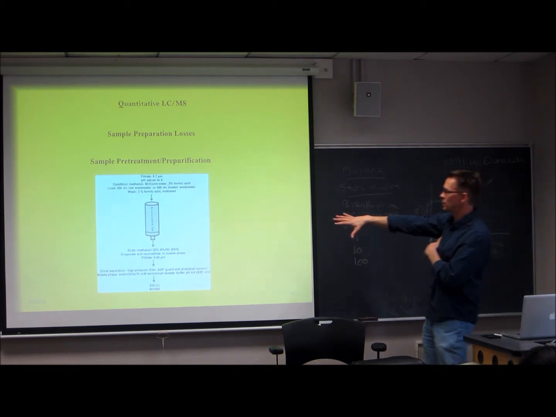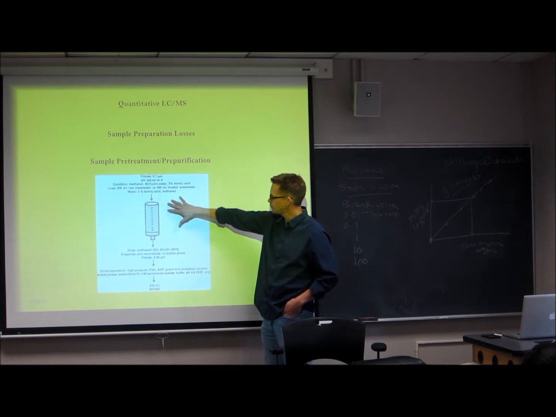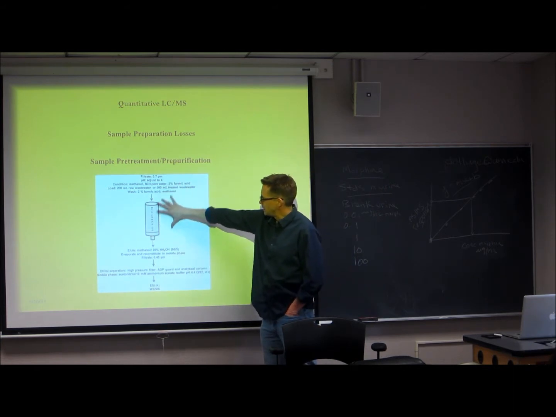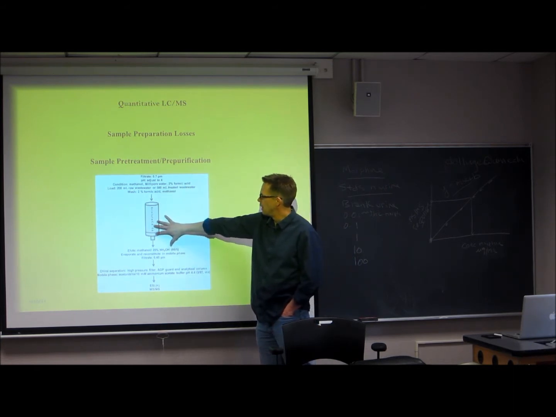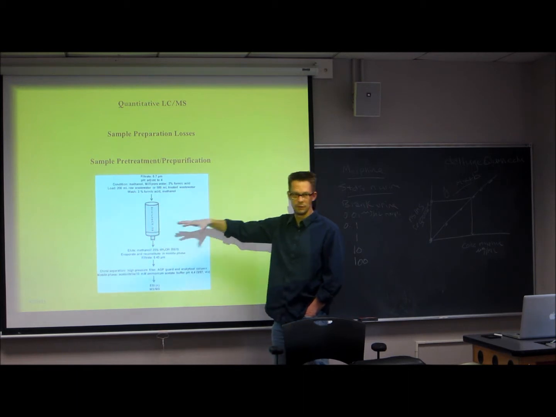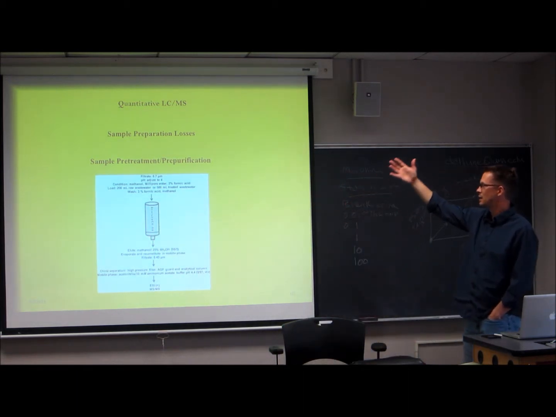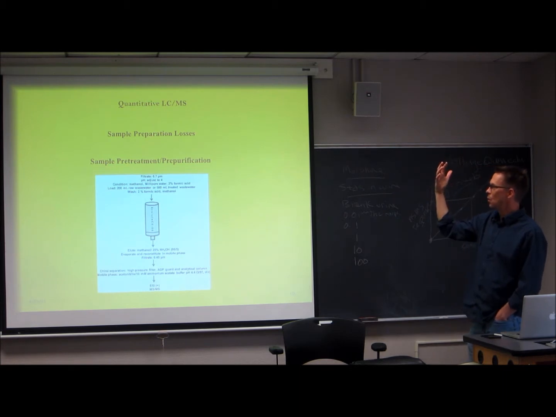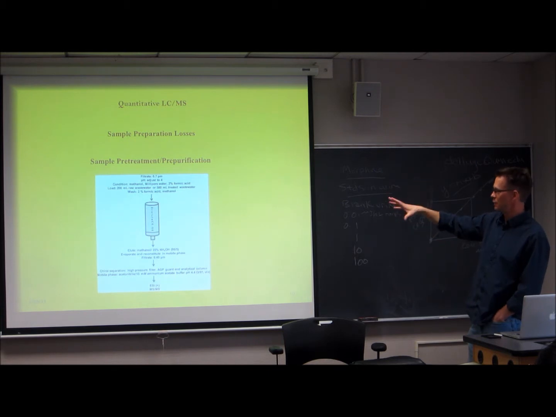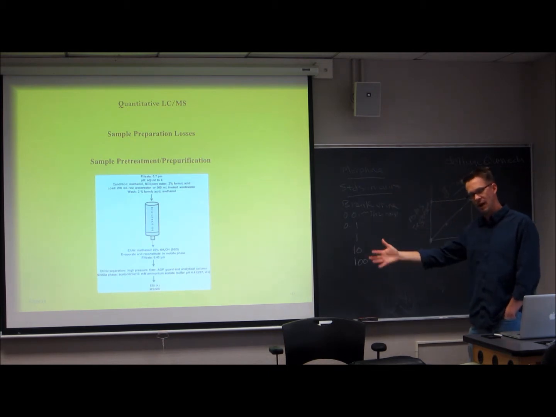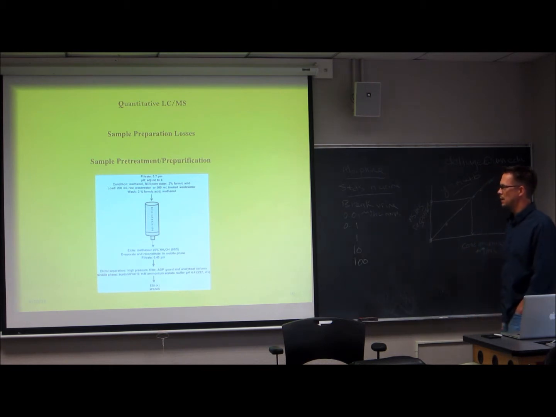Very often what people will do is solid phase extraction. They'll add their matrix to a tube with a bed of C18 reverse phase chromatography reagent on it, wash it, load it, wash off all the polar junk, and then elute off your compounds of interest, and then go to the LC-MS instrument and do your quantitation.